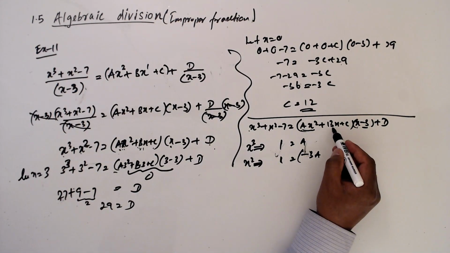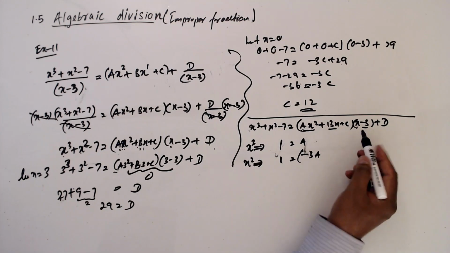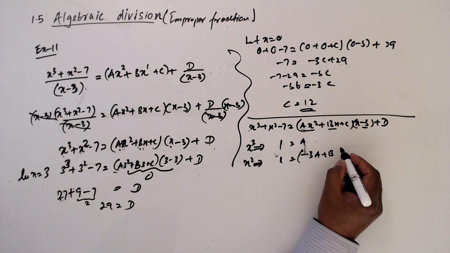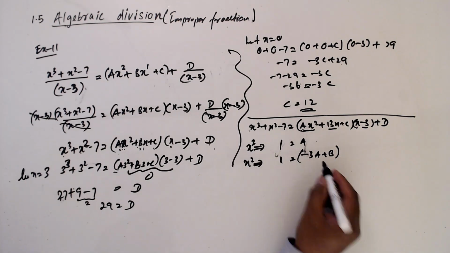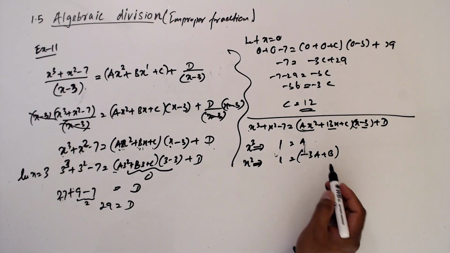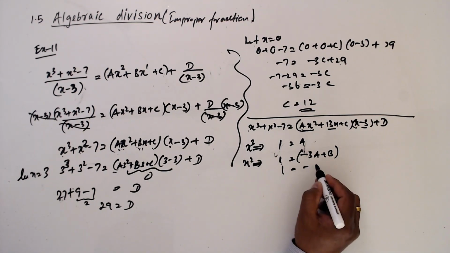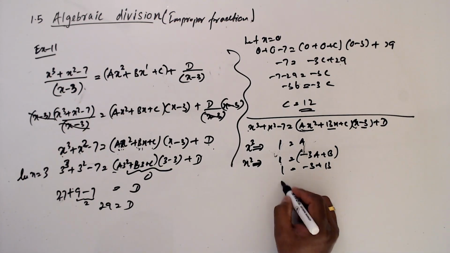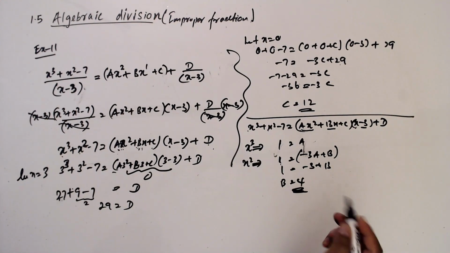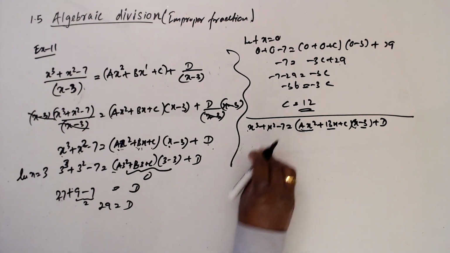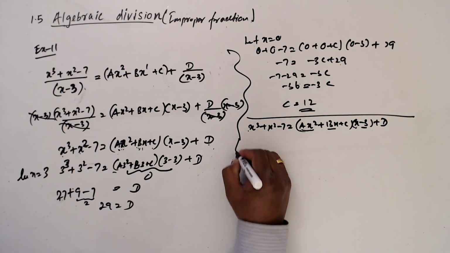Then if you multiply bx with x, this is going to be bx square. So minus 3a plus b equals 1. We know already a equals 1. So 1 equals minus 3 plus b. So b equals 4. Now, if you are confused, I will show how I did it.